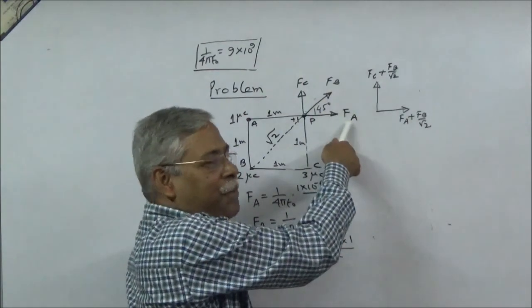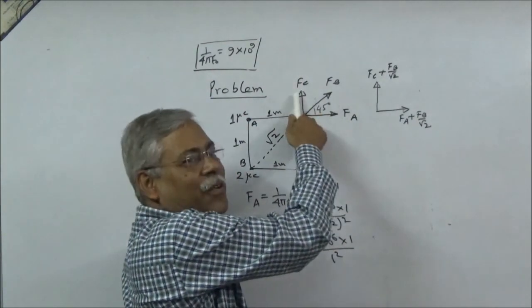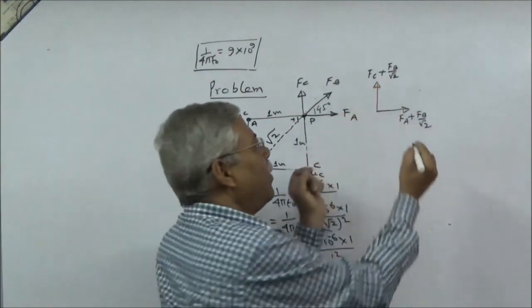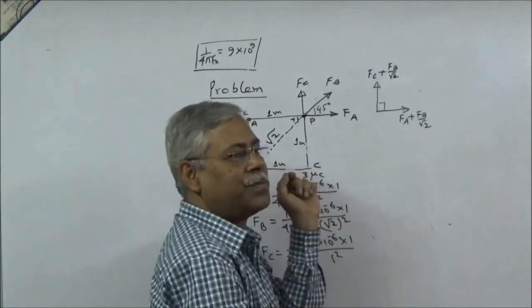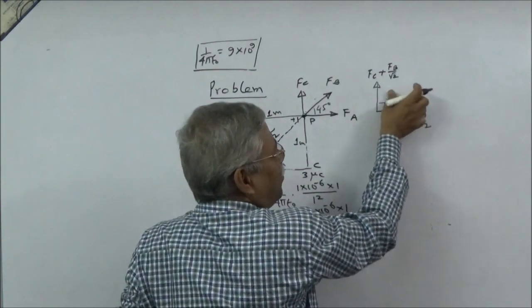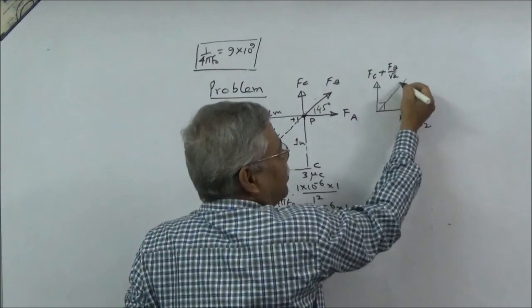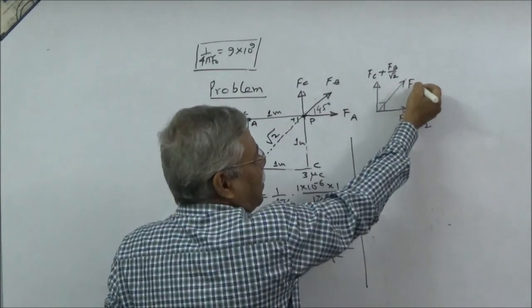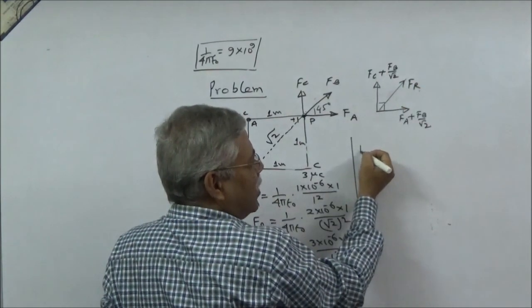FB cos 45 and FB sin 45 are both FB by root 2. Then what is the angle between these two? So what is the resultant? This is FR, the resultant, and FR is actually the intensity.